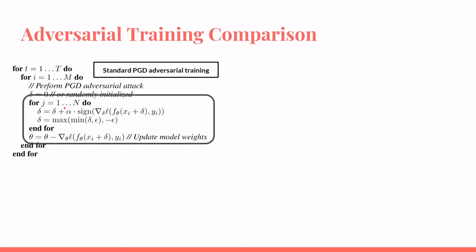We can see how PGD is performed here. This loop with N is the number of steps to perform for this training algorithm, and you can see how it loops over N times, and it continuously performs these operations. It's a lot of operations, very inefficient. And then at the end, the model weights are updated.